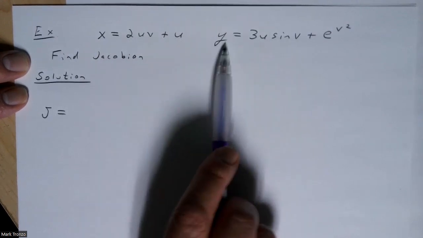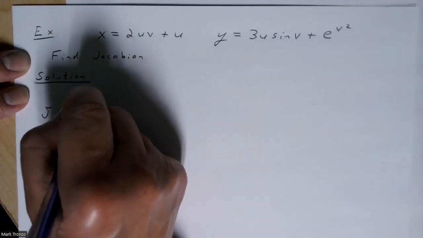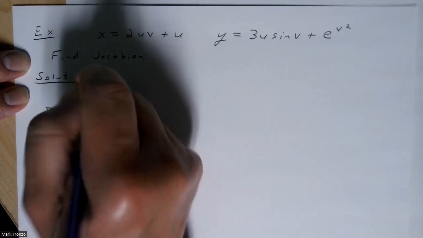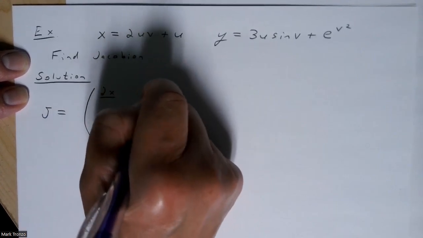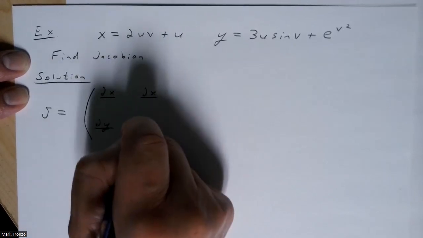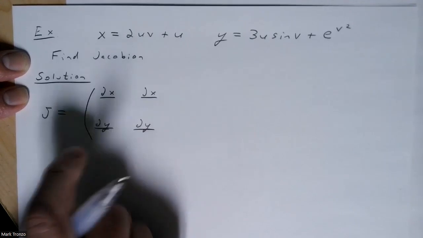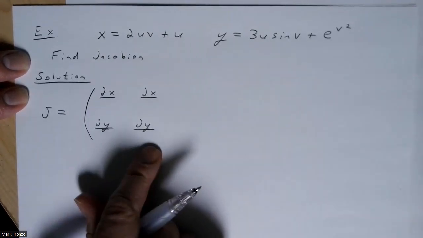Or again, you can just think of x and y being your functions. So we'll just take the derivative treating x and y as our functions. That means, like we did previously, the first row is your first function, the second row your second function.